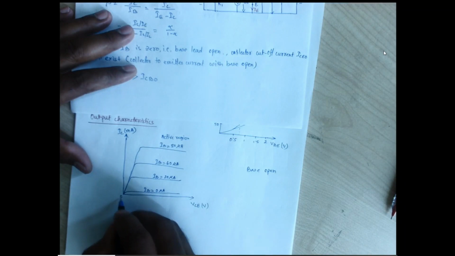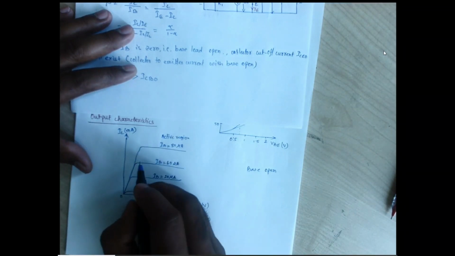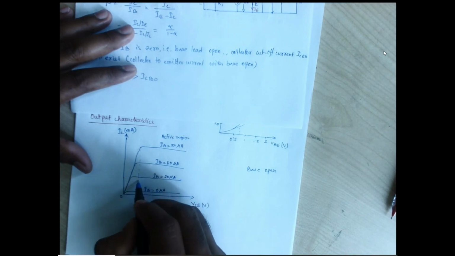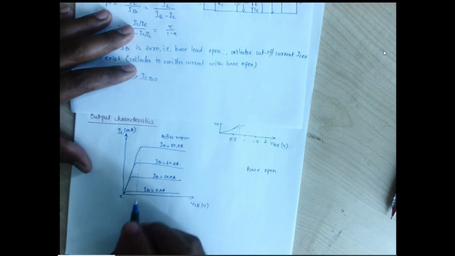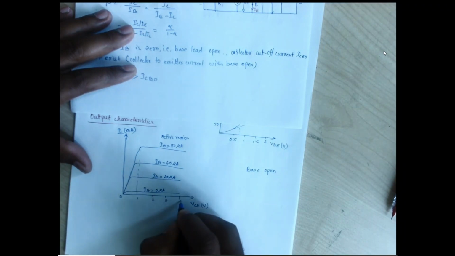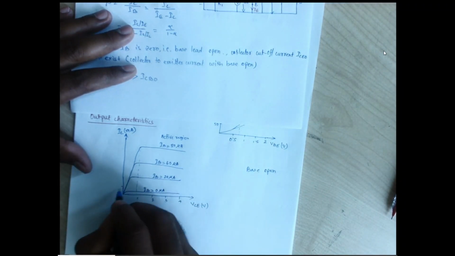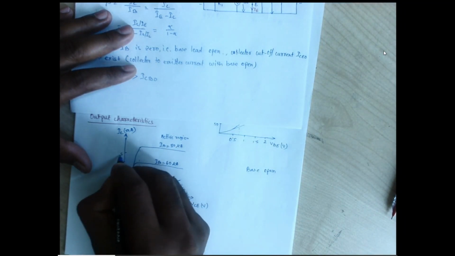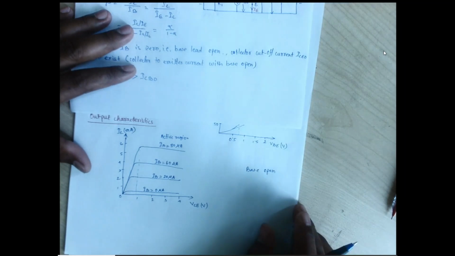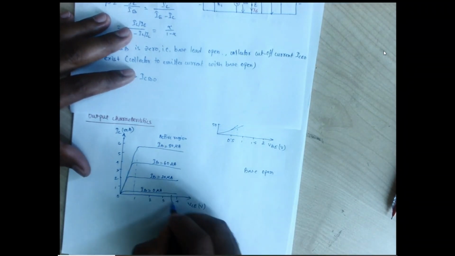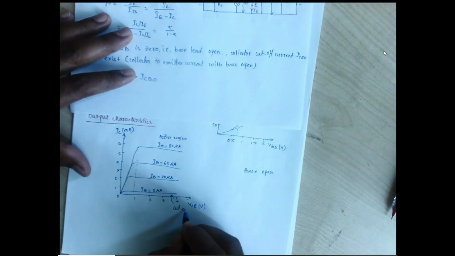Let us consider it is 0, and some voltage up to 1, 2, 3, 4 like this. So this is our cutoff region.